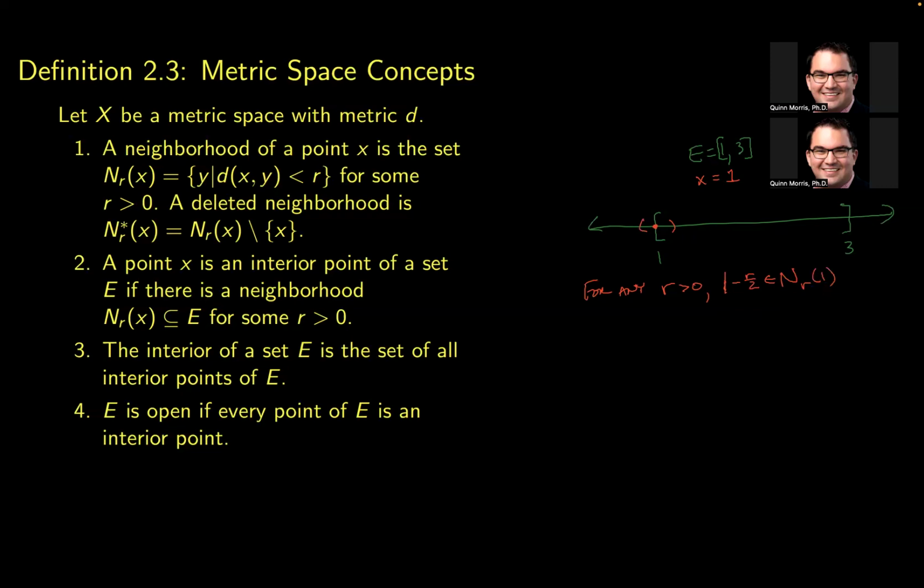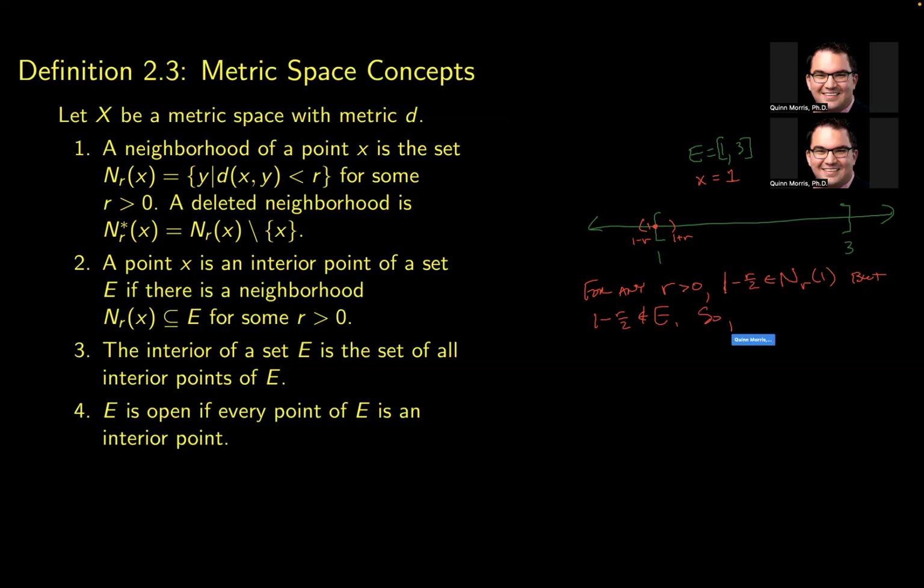What I'm saying here is, if you go down, this would be 1 minus r, this would be 1 plus r, for any r. And there's some point inside of here, 1 minus r over 2, that's in the neighborhood of radius r around 1, but 1 minus r over 2 is not in my set E, because it's strictly less than 1.